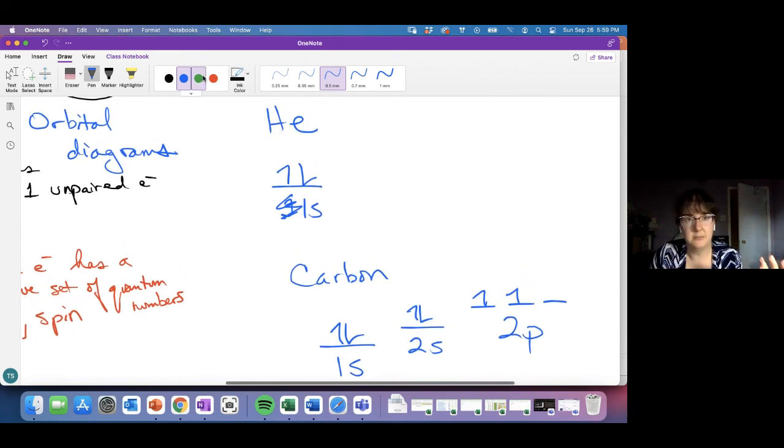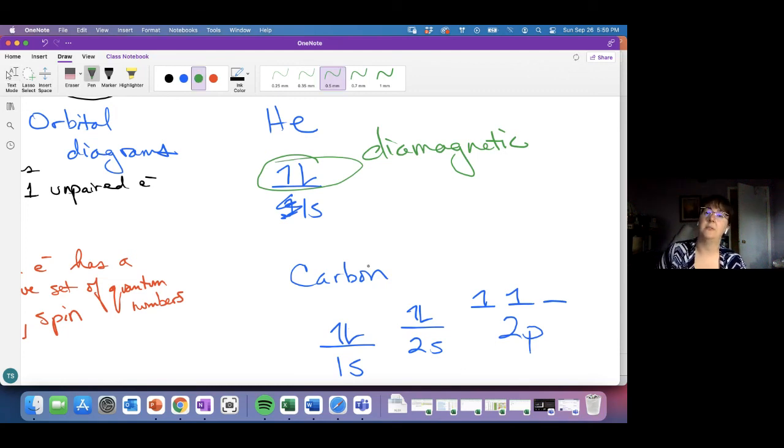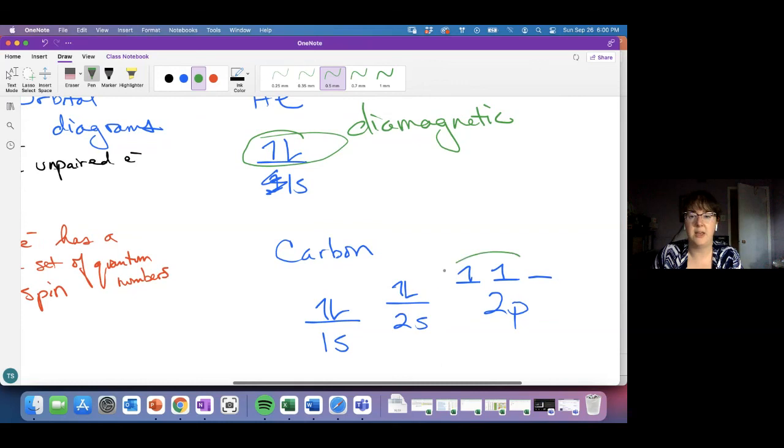So my helium, we would describe as being diamagnetic because all of my electrons are paired. For every up, there is a down. For carbon, on the other hand, I have these unpaired electrons. And so therefore, I would describe this as being paramagnetic.